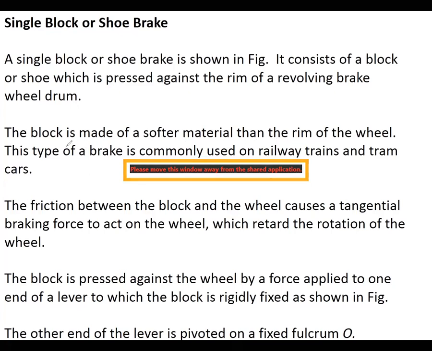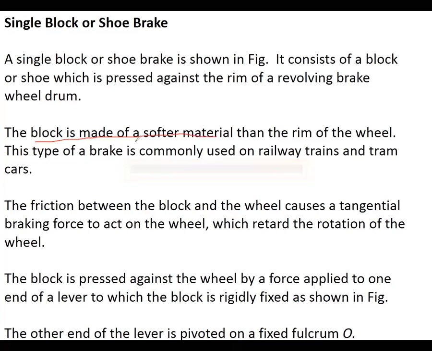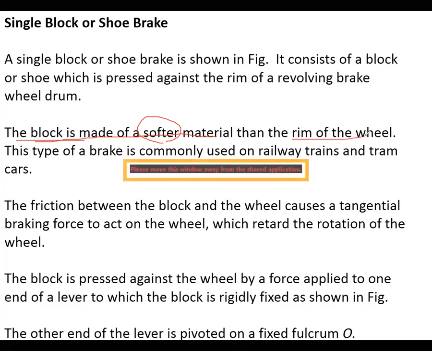That is a very important factor, because at the design stage itself, the material has to be chosen. The block or shoe material is softer than the rim. If both are equally strong materials, then friction will not work, so the principle will not work there.